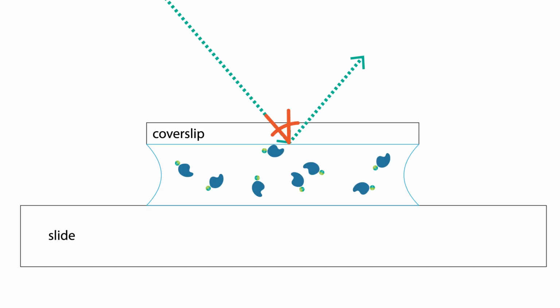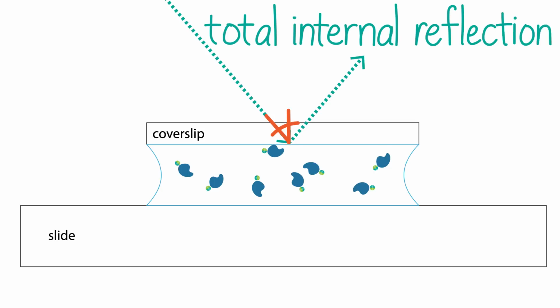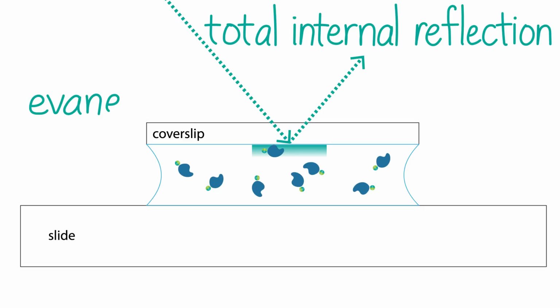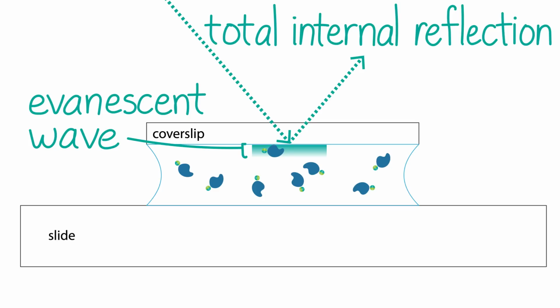Past a critical angle, there will be a neat phenomenon called total internal reflection at the cover slip water interface. This phenomenon prevents most of the excitation light from entering the sample, but allows an evanescent wave of excitation light to penetrate only 50 to 100 nanometers into the sample. Thus, TIRF microscopy allows you to obtain a very thin optical section, assuming that what you want to look at is at the surface of the cover slip.